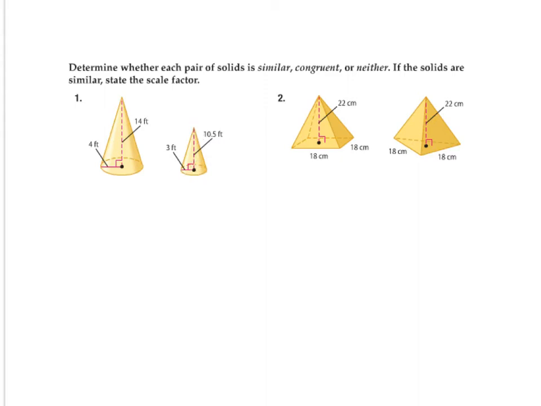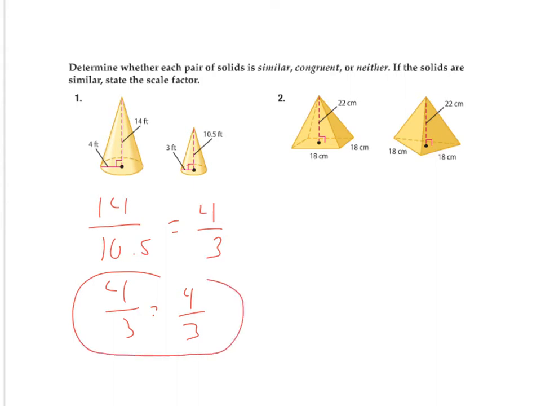So what we have to ask ourselves is, is 14 to 10.5 equal to 4 to 3? Well, yes, 14 to 10.5 is equal to 4 to 3. These are similar, and the scale factor is 4 to 3.